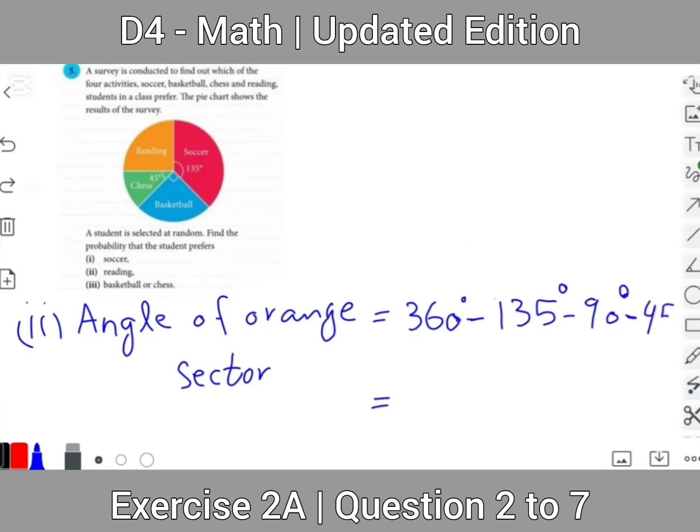So after taking away all 3 angles of sectors given in the question from 360, we will get 90 degrees. So the angle of the orange sector will be equal to 90 degrees.